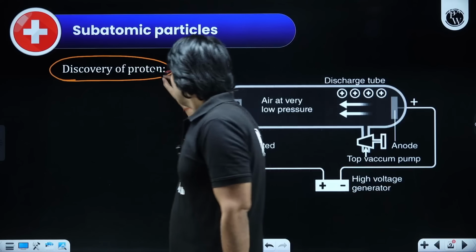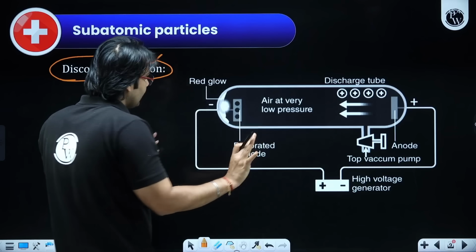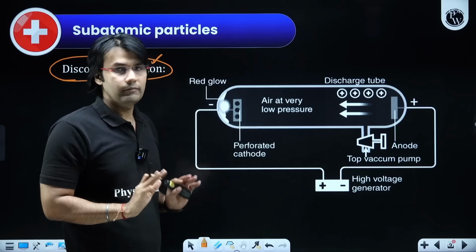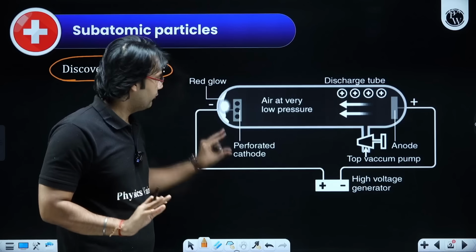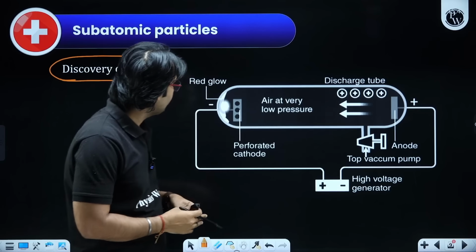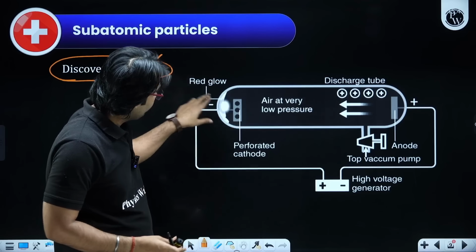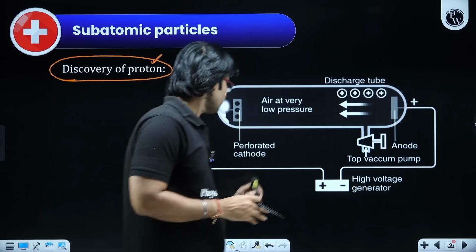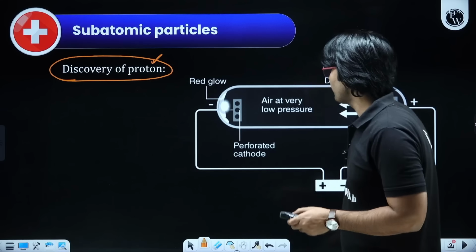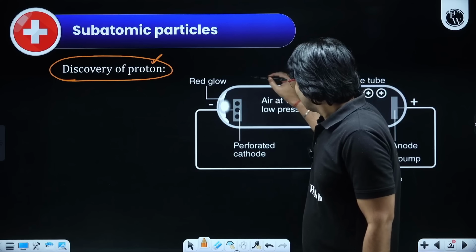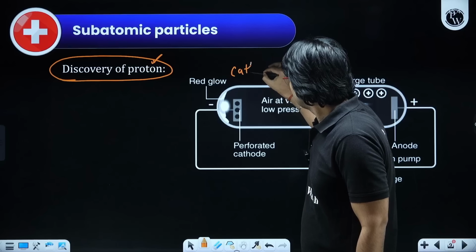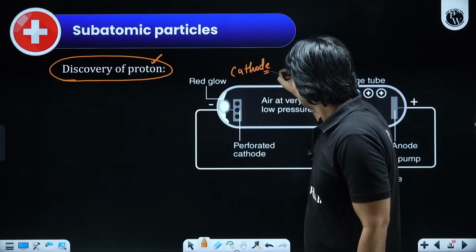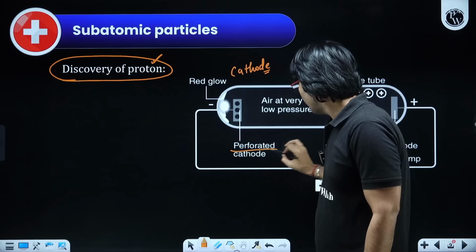So, in the discovery of proton, we had the same setup of a discharge tube, cathode ray tube, right? Same setup. We have the same glass tube, we have the same electrodes, right? We have the same power supply, everything is same. But the only difference is, during the discovery of proton, the cathode we had was perforated.